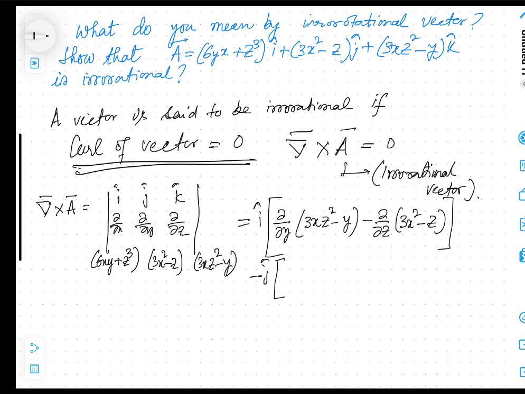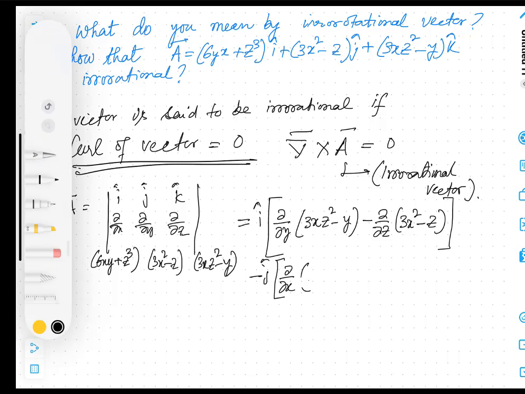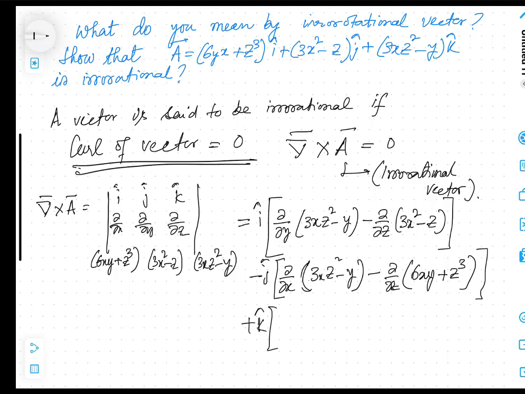First row and the second column will be switched off, and then cross del del x of 3xz square minus y minus del del z of 6xy plus z cube, plus k cap.